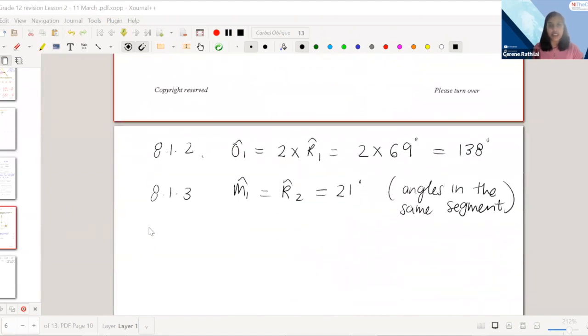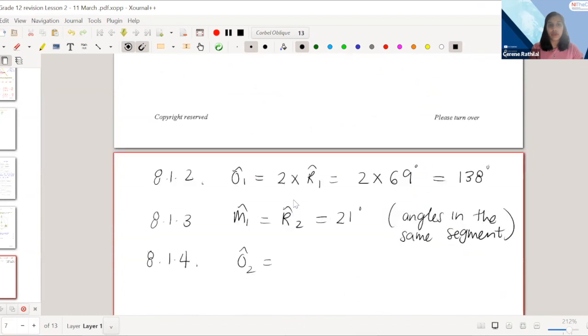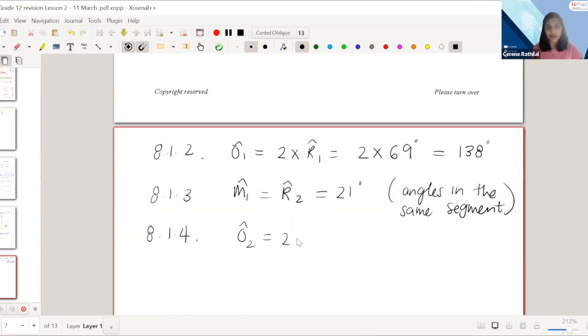So for this bit, we've got 8.1.4. We first observe that angle O2 is equal to twice M1, which is 2 times 21 degrees, which is 42 degrees.